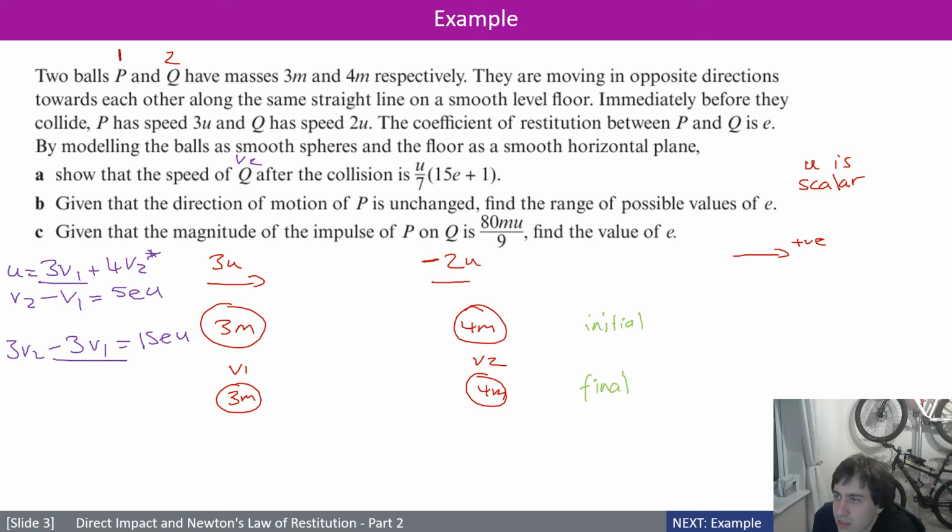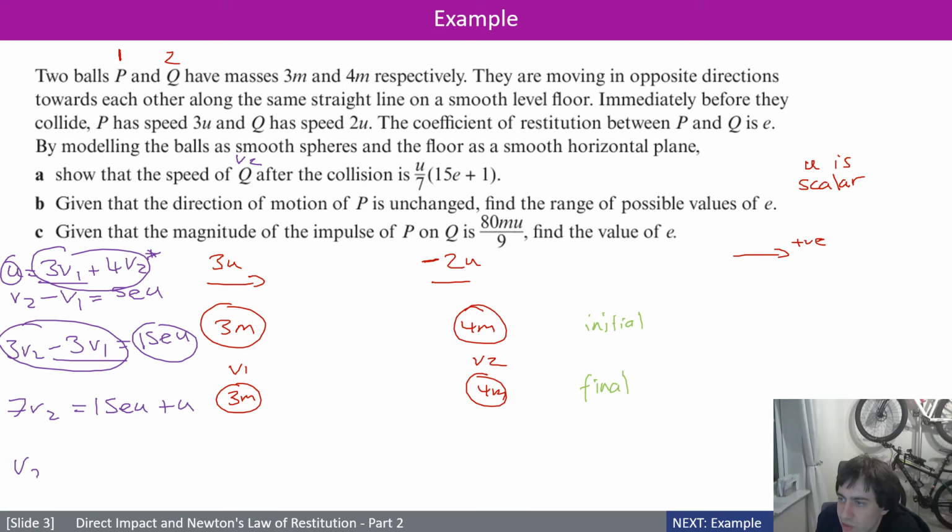So we'll end up with 7v2 equals, so that's that plus that is 7v2. And this plus this, yeah, this is going to work much better, is 15eu plus u. We get v2 equals a seventh of u times 15e plus 1, yes, which is what we wanted. Okay, so that's part A done.